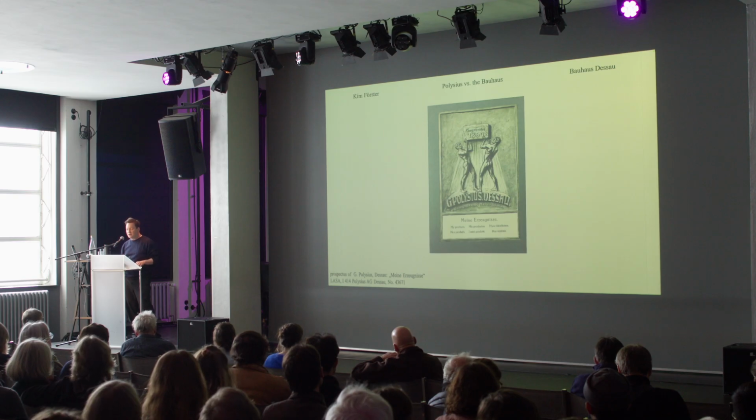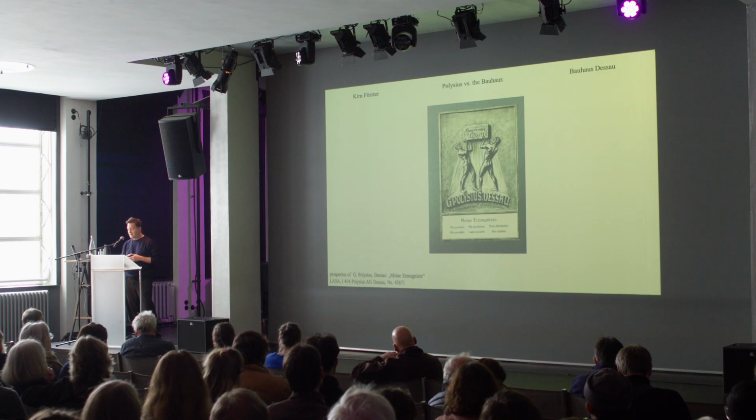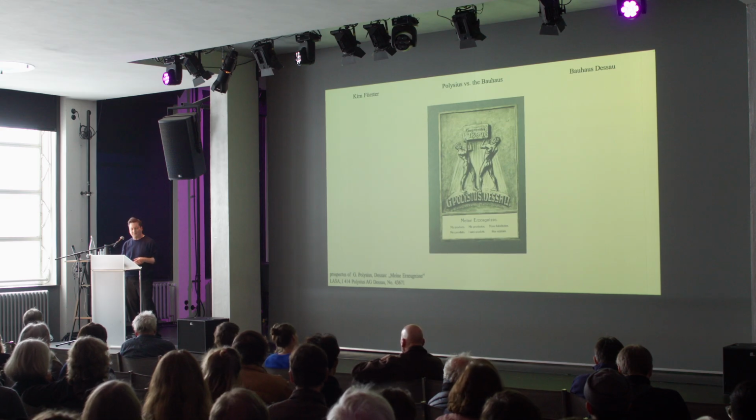And even before World War I, Polysius was exporting fully equipped cement factories worldwide, including to Cairo, Egypt in 1907 and Shanghai, China in 1908. By the interwar period, it was a key player in Dessau's industrial landscape, comparable to Junkers, emphasizing its relevance to the Bauhaus architecture and the construction industry thus.